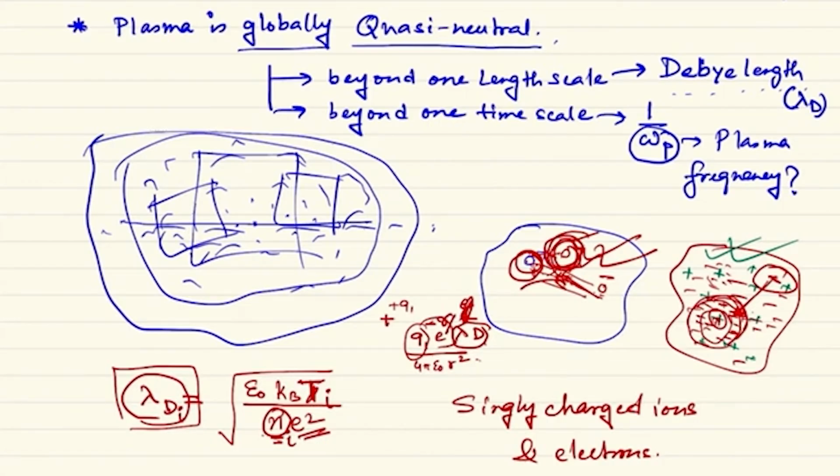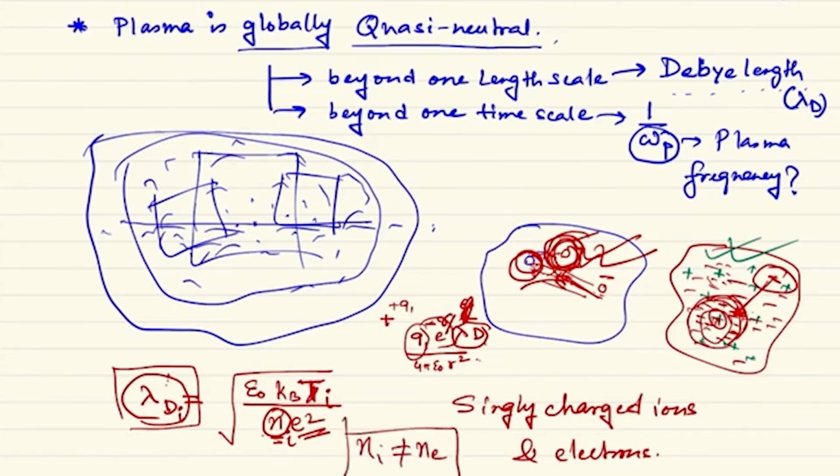Now you see that within the Debye length, the charge neutrality is not valid. That means Ni is not equal to Ne.